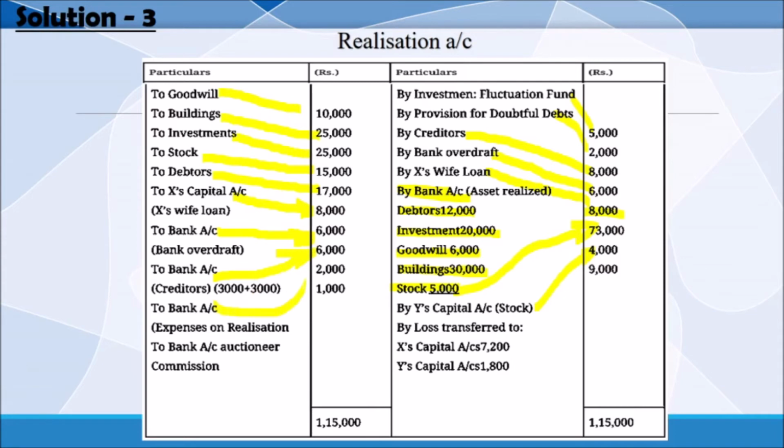And by bank, the realization expense and the auctioneer's commission 1,000. So total will be 1,15,000 and the difference will come in the credit side, that indicates a realization loss. It will be shared as per their ratio, 7,200 and 1,800. I hope it is clear.